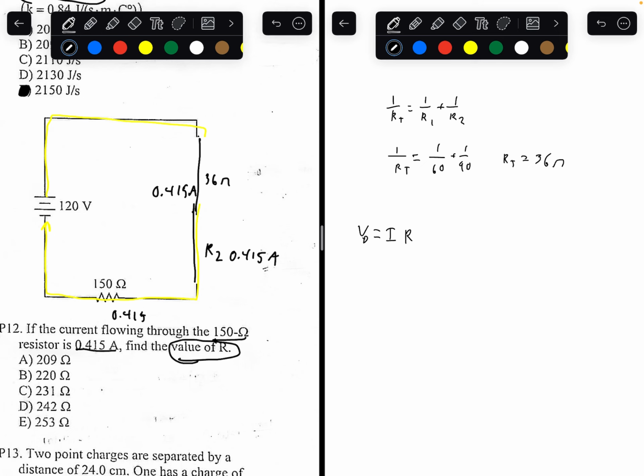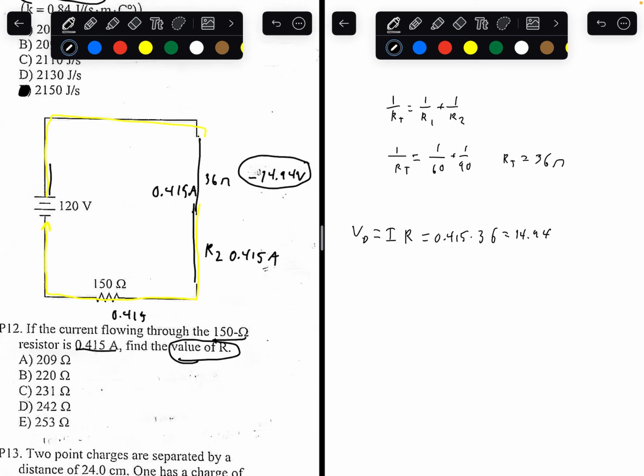What's the current? Current is 0.415. What's the resistance? 36 ohms. That means the voltage drop is going to be 14.94, so it would be negative 14.94 volts.